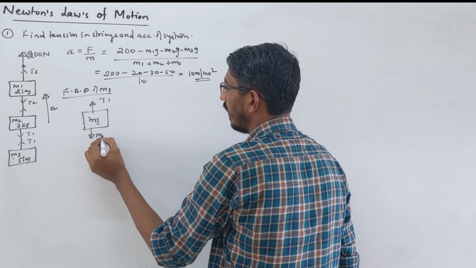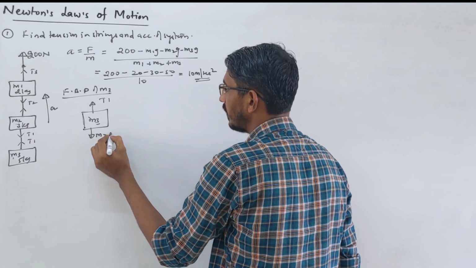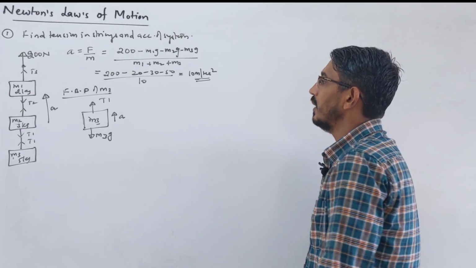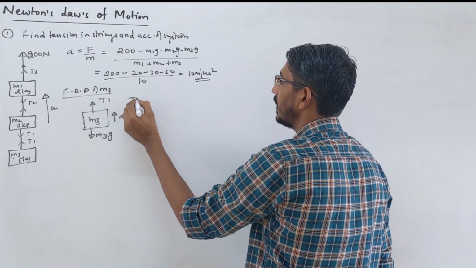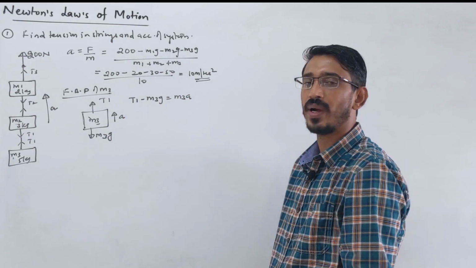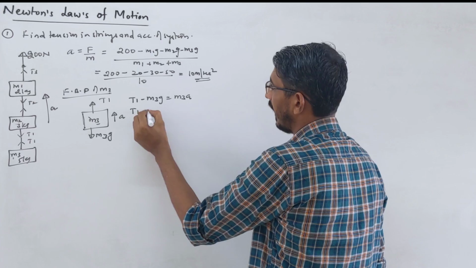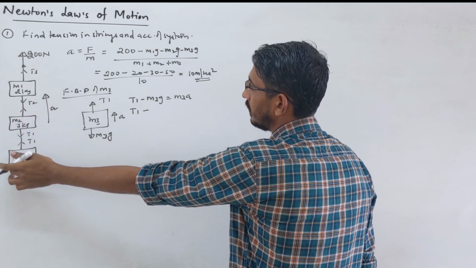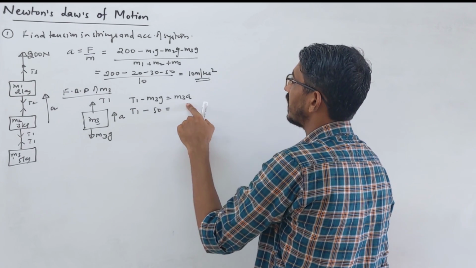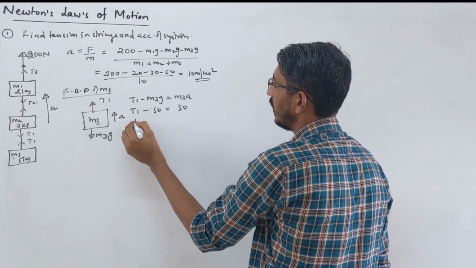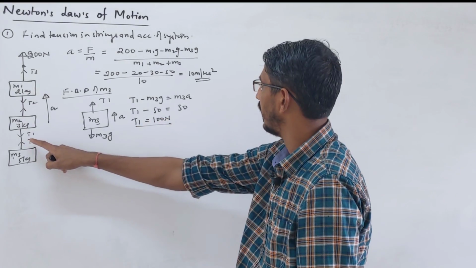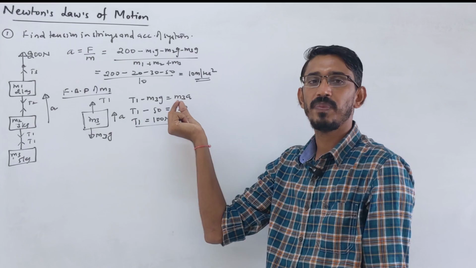Downward force acting is M3 into G, and accelerating upward A. They are moving upward, so this force is big. You say simply T1 minus M3G is equal to M3 into A. Net force is equal to MA. M3G we know, mass is given 5 kg, so it becomes 50 Newton. Then 5 into acceleration given 10, so this also becomes 50. So T1 becomes 100 Newton. So tension in that string will be 100 Newton. Same formula only, like M3 into G plus A.